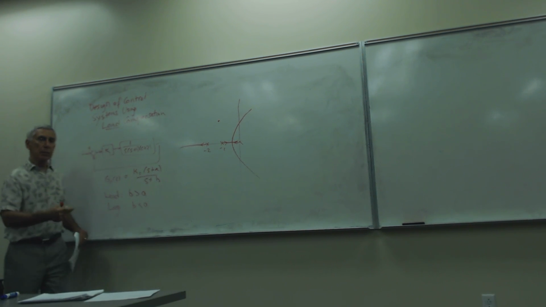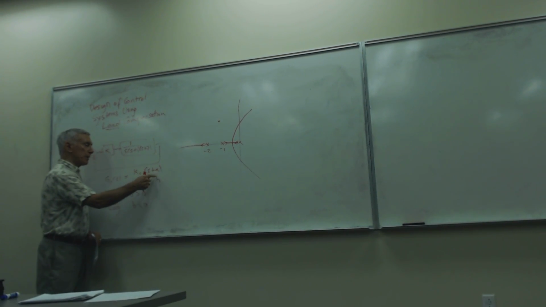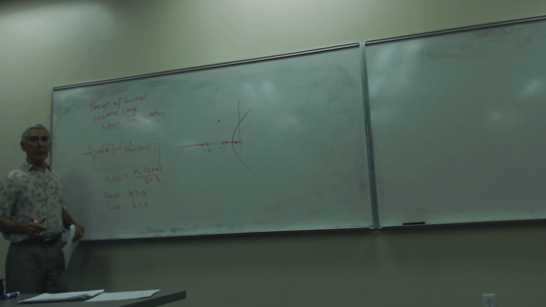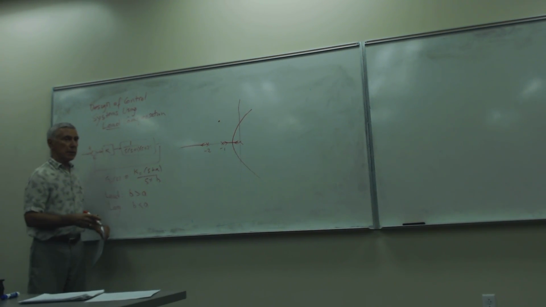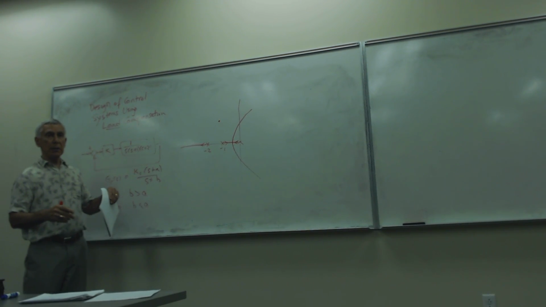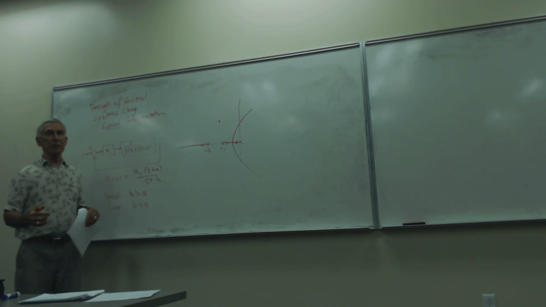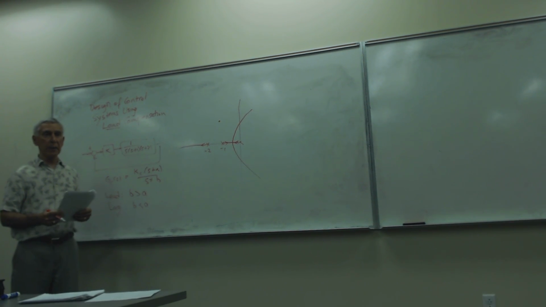The pole would be at minus B and the 0 at minus A. Where do we put them such that the control system specifications are satisfied?